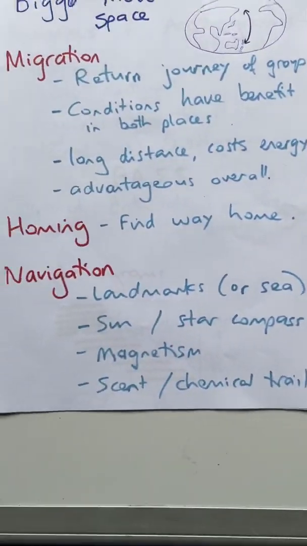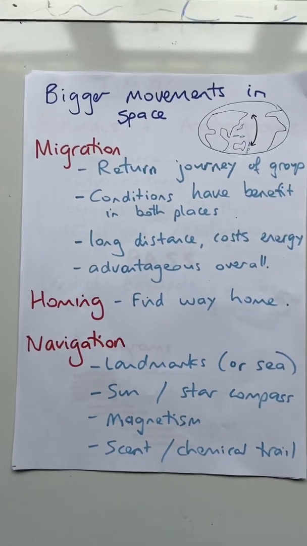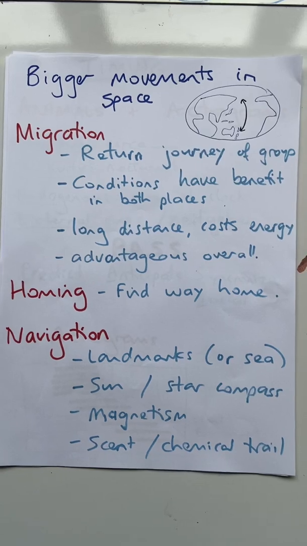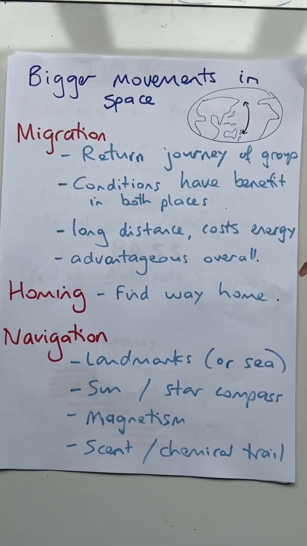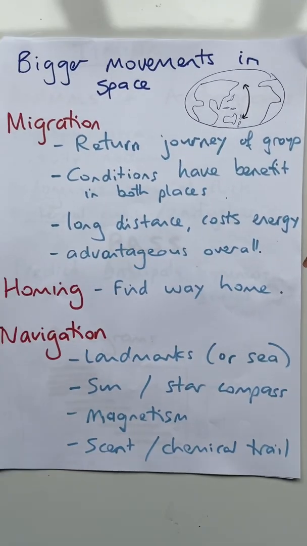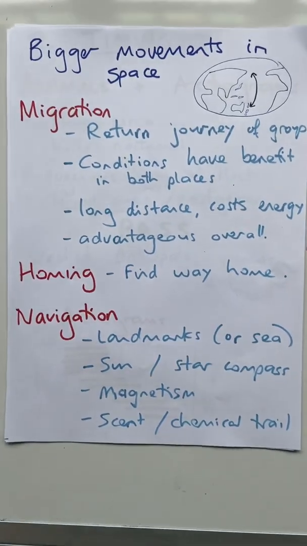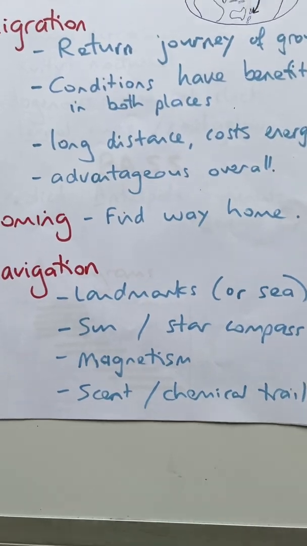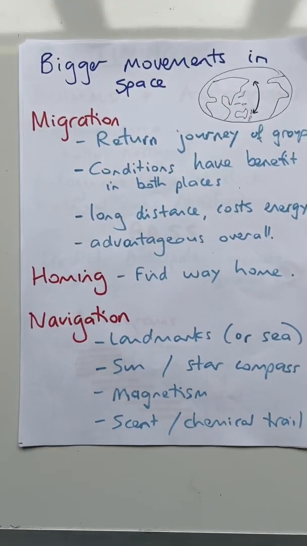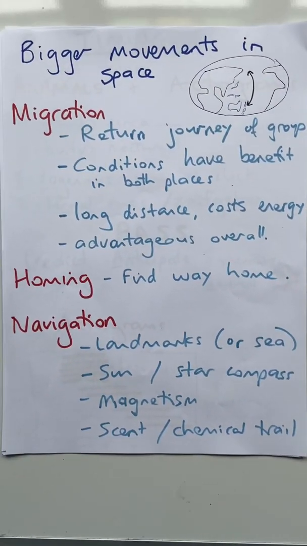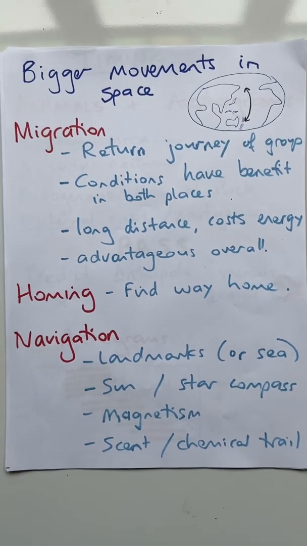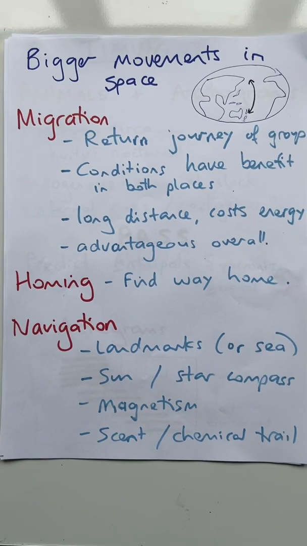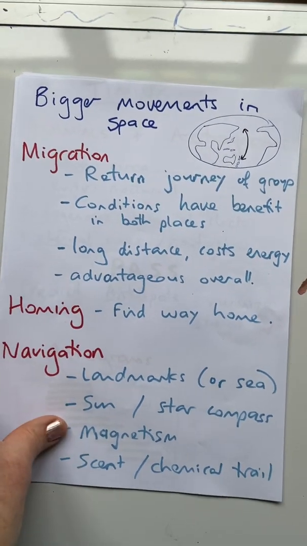And they can do that using landmarks, so big blocks of land, or even under the sea there are also landmarks, but they're bits of rock under the water. Just don't say that sea creatures can pop out of the sea and look at the landmarks up above the water. They can also use the sun or stars as compasses like humans used to do. Some animals can use the magnetism of the earth to find their way, and others can follow little scent or chemical trails.